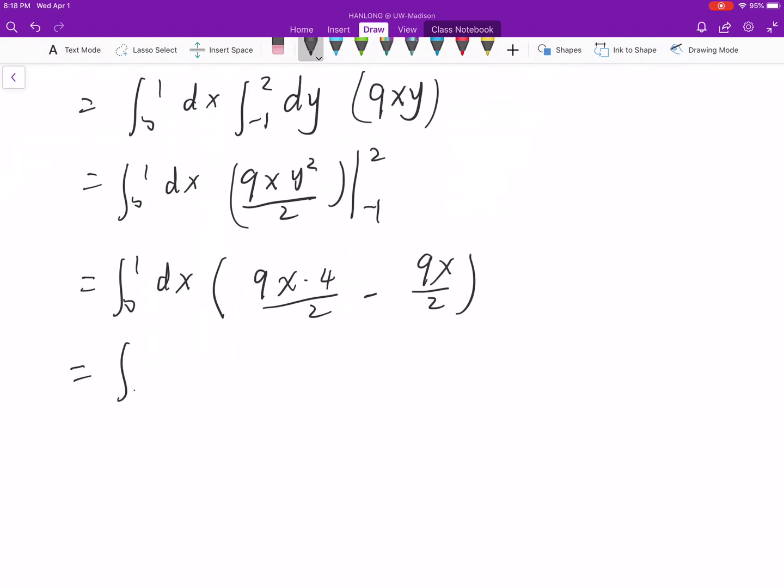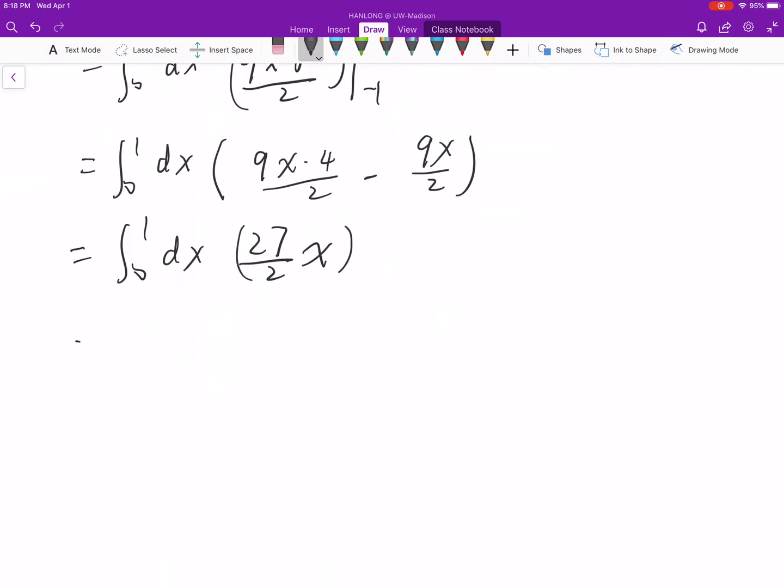So you have 0 to 1 dx, 27 over 2 x. Then you have 27 over 4 x squared, 0 to 1. So totally you have 27 over 4.